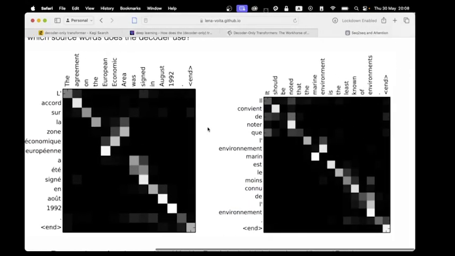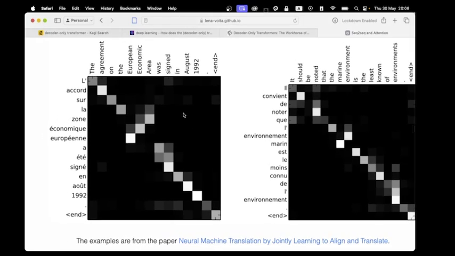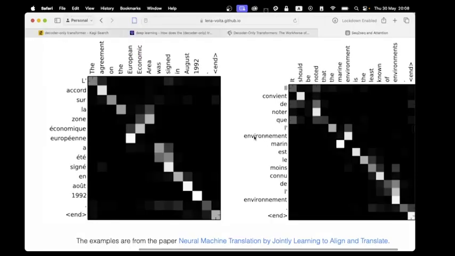So here is one early result in BERTology. This is a visualization of attention weights. So this is attention output here. The vertical axis is a French sentence, the horizontal axis is an English sentence, I mean words in a sentence. This is a machine translation task.